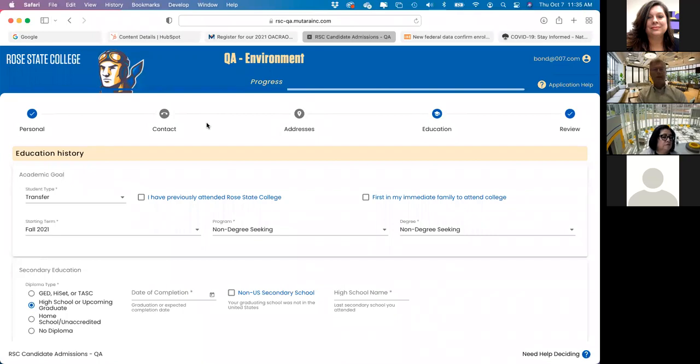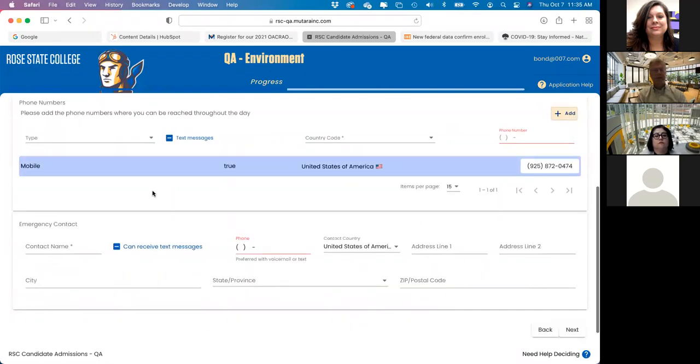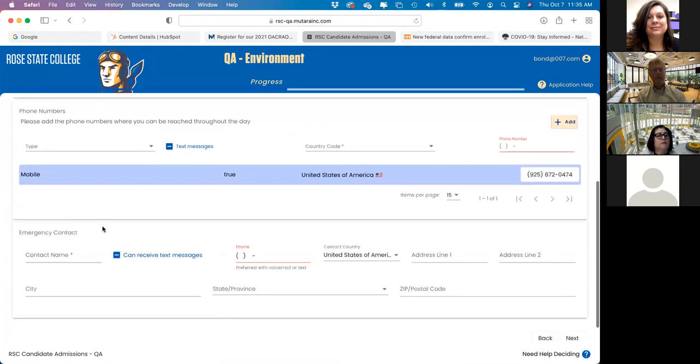So I can go in and provide the contact information. For example, I've got the phone number here. If I wanted to go in and put in my emergency contact, I can provide other pieces of information.